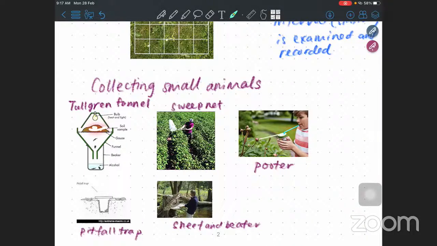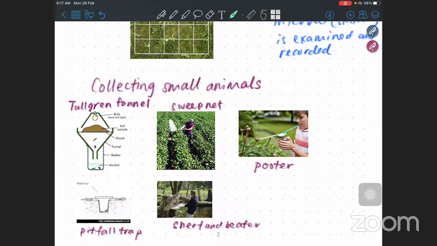The animals don't like light and heat, so the light and heat will force the animals to go down, and the animals will pass through the gauze and fall into the alcohol. So we can investigate and see the small organisms available.